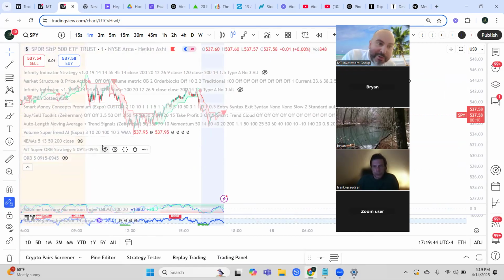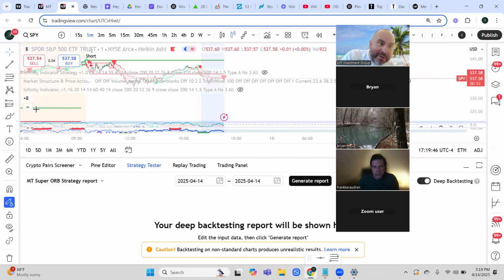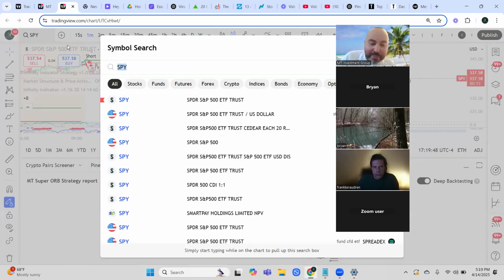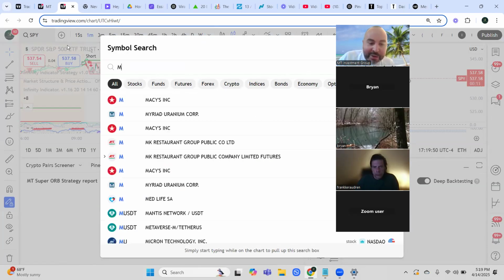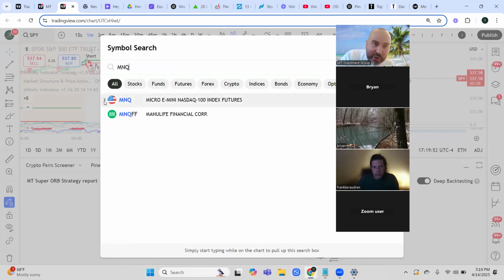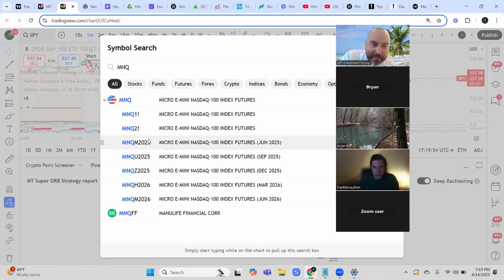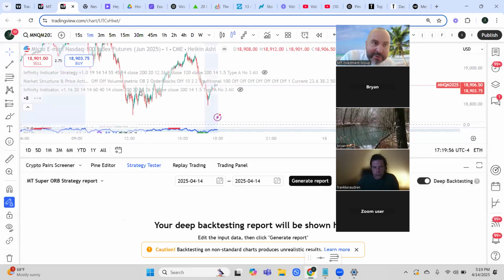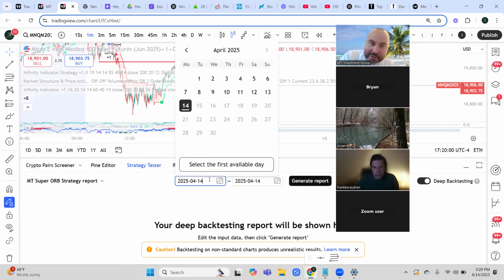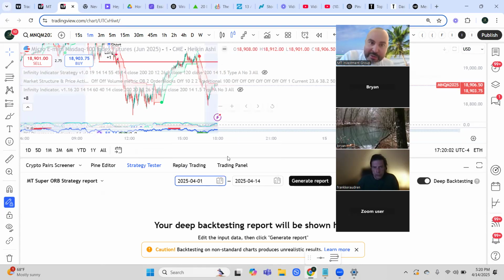So let me close this out. Let's go back here. It works on SPY. It works on NQ. Here's NQ. I haven't even looked at NQ, so let's look at what it's looking like for the month.